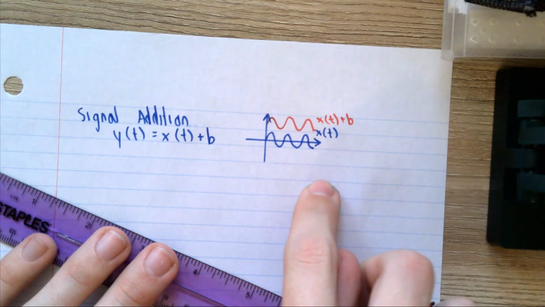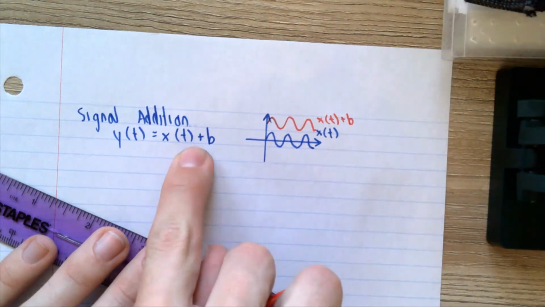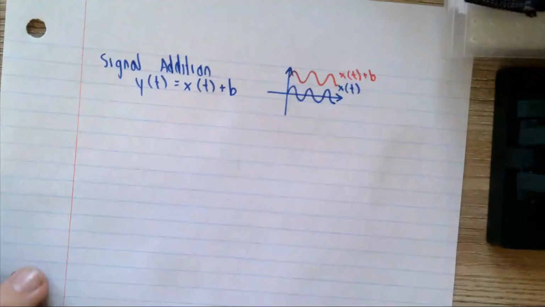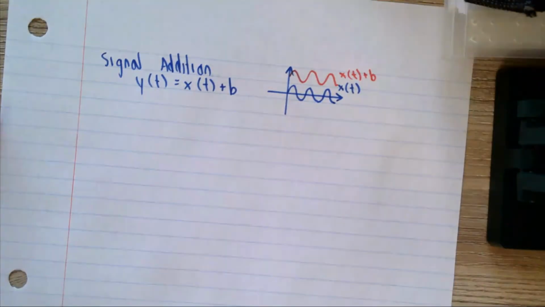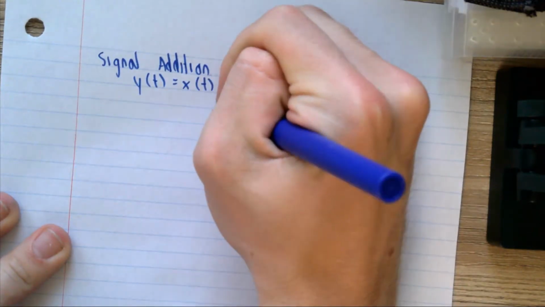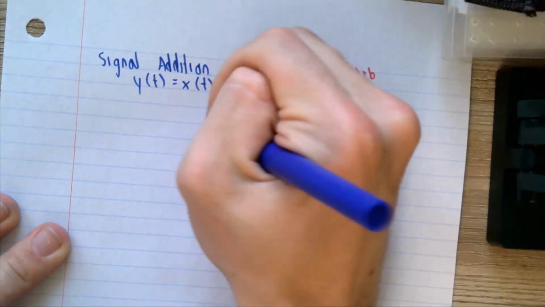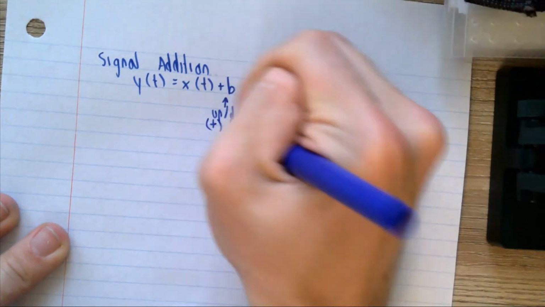And so this is signal addition. Now we're going to get into the next one, which is signal multiplication. So I'm just going to write here up or down: up if it's positive, down if it's negative. Signal multiplication.